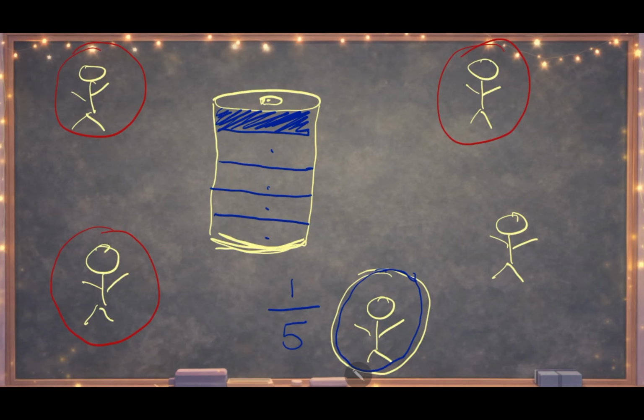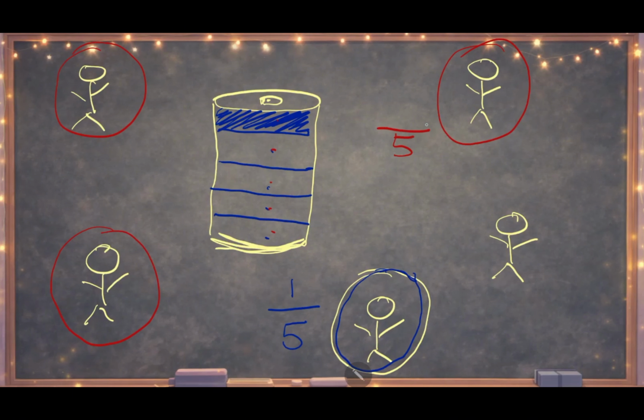This time, write the fraction of what these 3 children will drink. Please pause the video and have a go. Okay, let's go through it. The denominator will still be the same because there are still 5 equal parts that the Coke has been divided into.